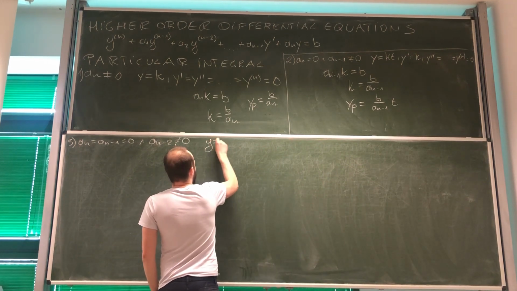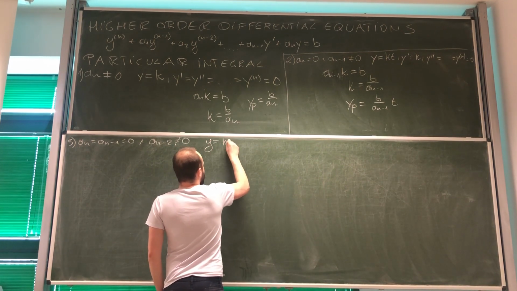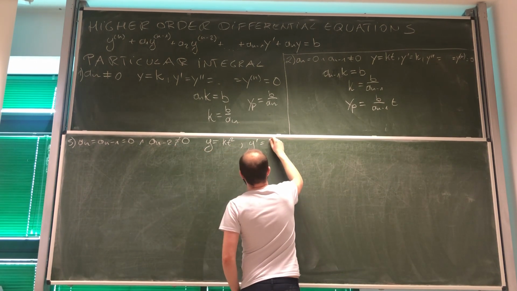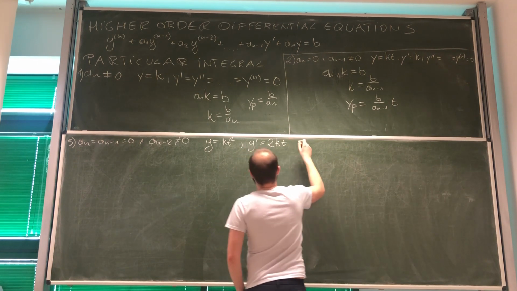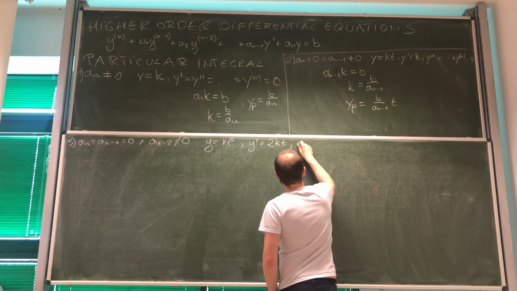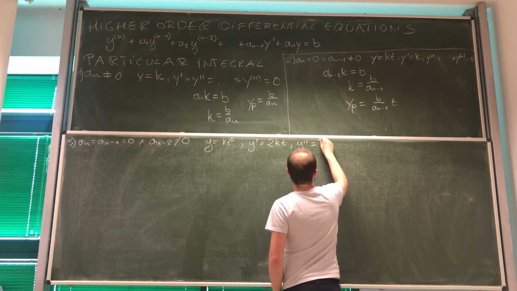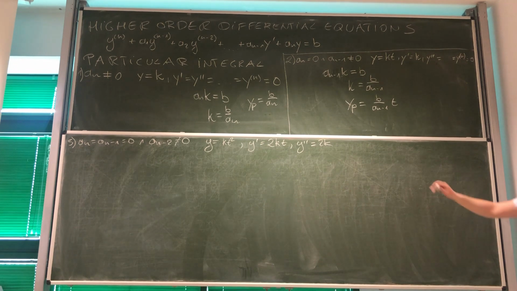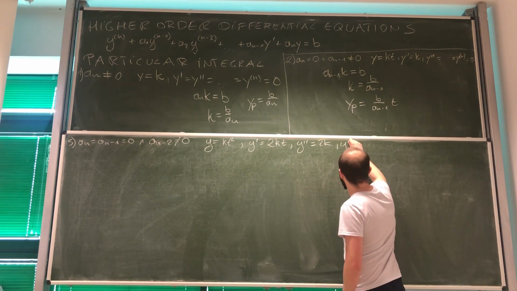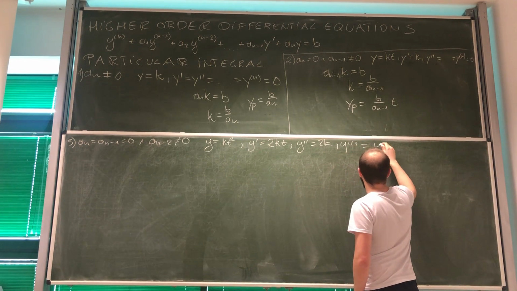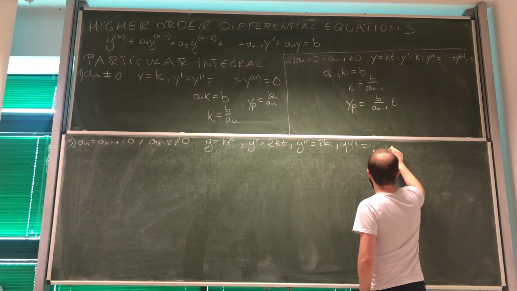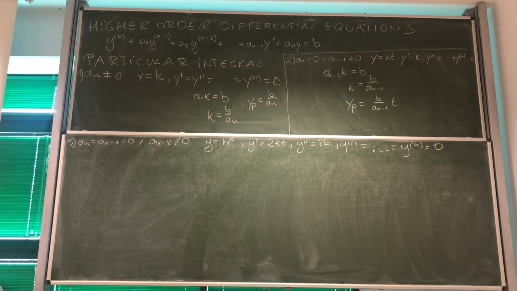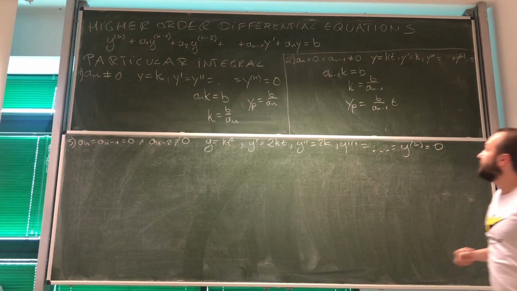We choose that y is kt squared. This means that y prime is 2kt, while y double prime is equal to 2k. This is a constant, which means that each next consecutive derivative is going to be equal to 0.